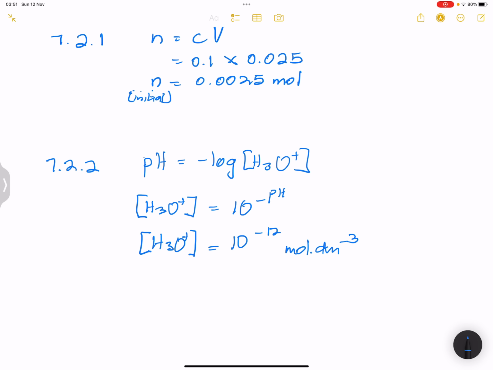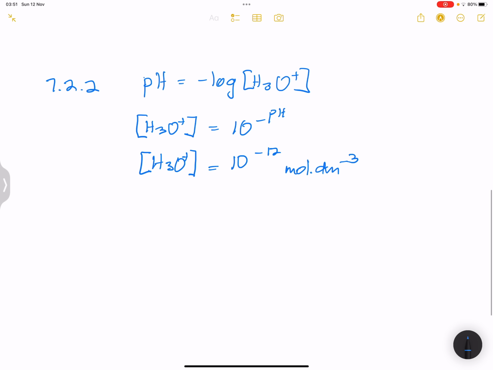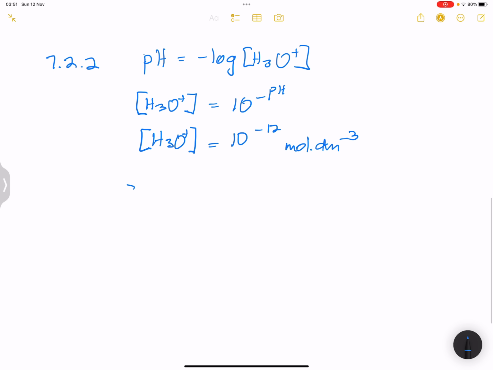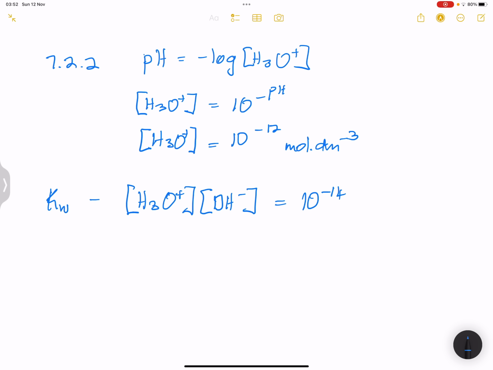But I know I'm not looking for H3O plus, I'm looking for OH minus. So what do I know? The ionization constant of water: H3O plus times OH minus will give us 10 to the negative 14. We're assuming this occurs at 25 degrees, so note you've got that ionization constant there. Now we're looking for OH minus.